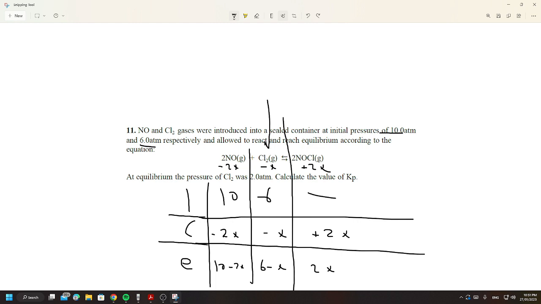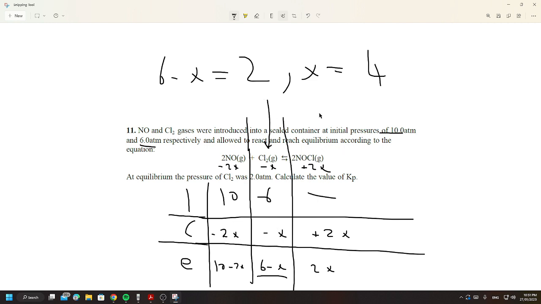Now they told us the equilibrium pressure of Cl2 was 2 atm. Looking at the Cl2 column, 6 minus x gives the pressure of Cl2 at equilibrium. We know it is 2, so we can solve for x, and x is equal to 4. 6 minus 4 is 2.